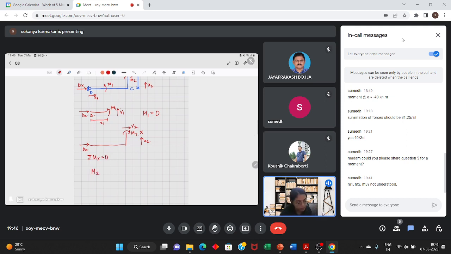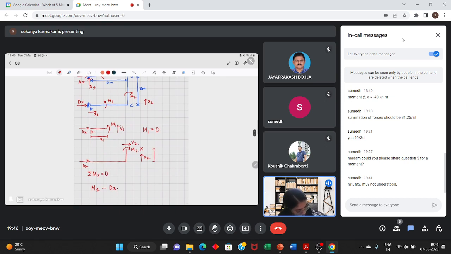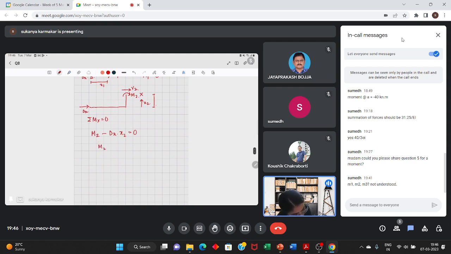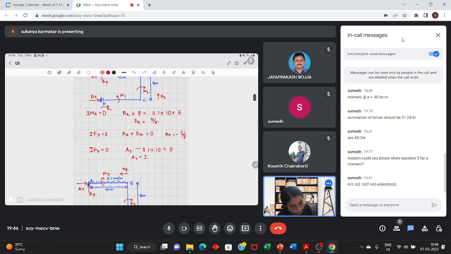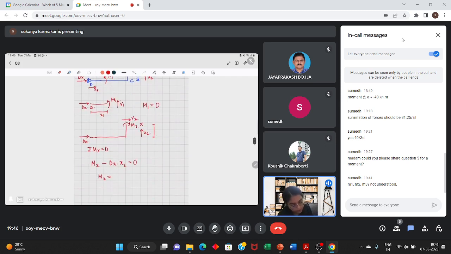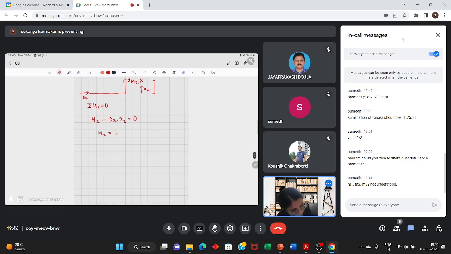M2 is in the clockwise direction, minus dx, and this dx is at a distance of x2, so this into x2 is equal to 0. Dx was 5 by 8 here, so plug in the value: M2 is 5 by 8 into x2.